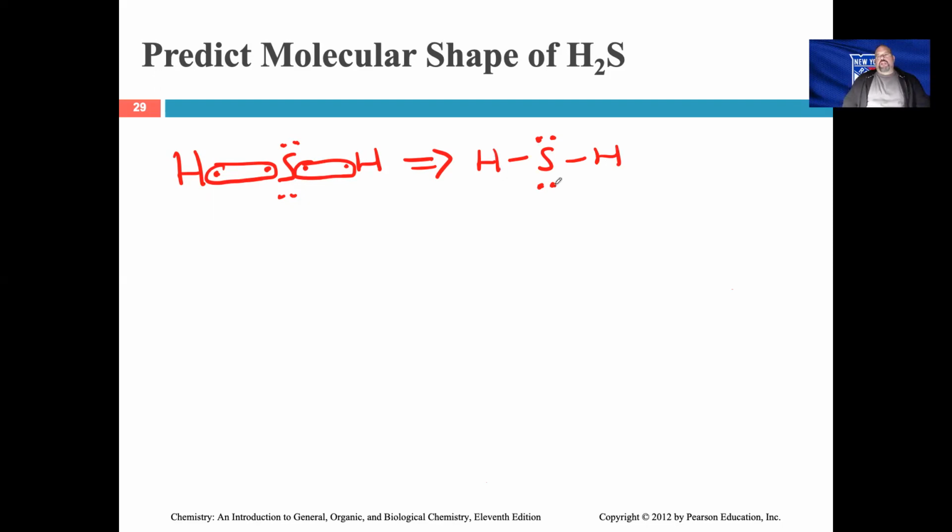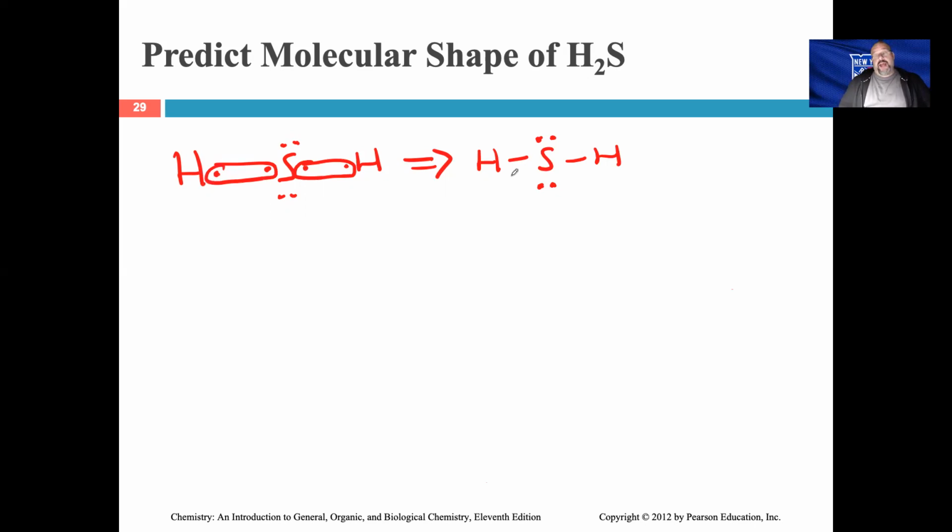Each hydrogen will share its 1 valence electron with sulfur, and the sulfur will respond in kind by sharing a valence electron with each of those hydrogens to form single bonds between them. And that works out very well because when that happens, the sulfur now has 2, 4, 6, 8 valence electrons. And of course, the hydrogen has 2 valence electrons as well.